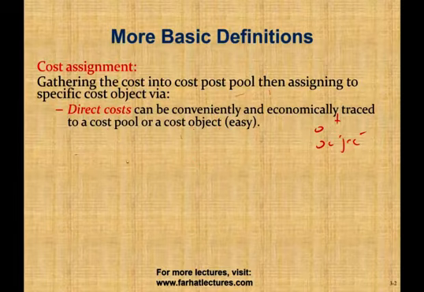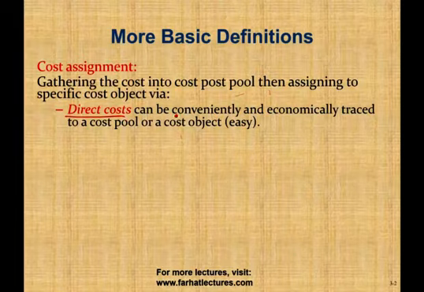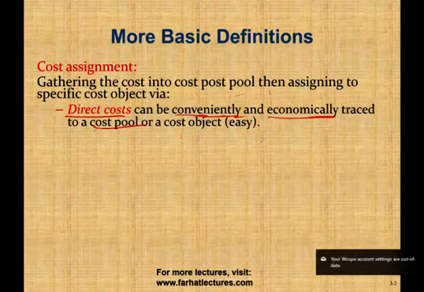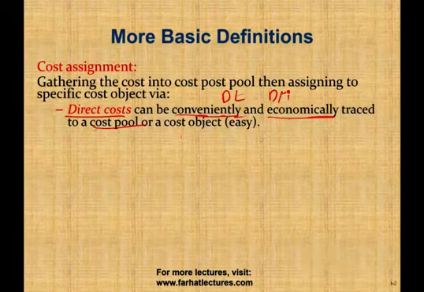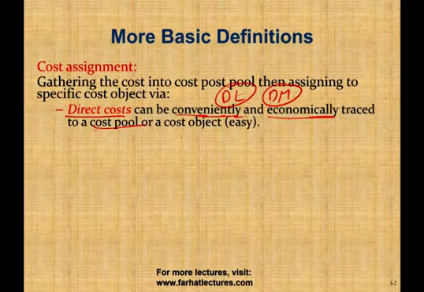Now, certain costs can be easily allocated, which are called direct costs. They can be easily, conveniently and economically traced, it doesn't cost you a lot of money to trace them to a cost pool or to a cost object. So they're very easy to trace. We're going to look later at examples, which will be direct labor and direct material. Don't worry if you don't know what these terms are. Just know that direct cost is easily traced to a cost object.